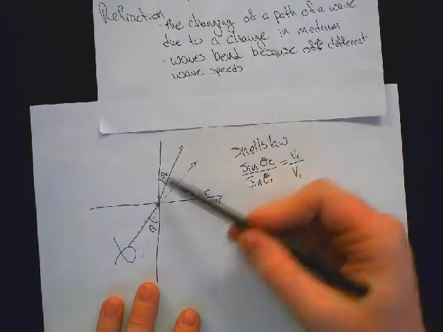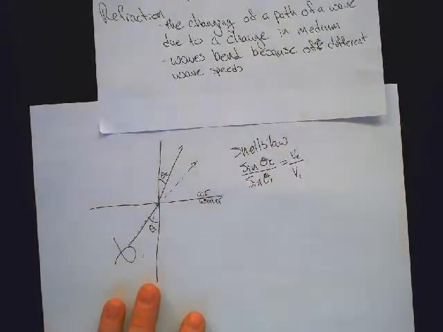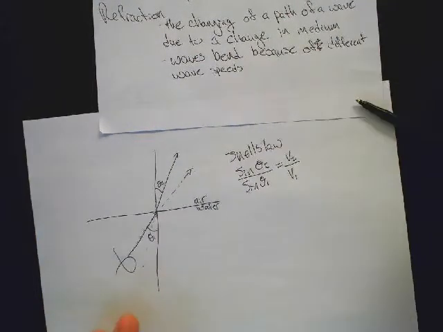The velocities of the waves are different and dependent upon the medium that they're in. That V is velocity.